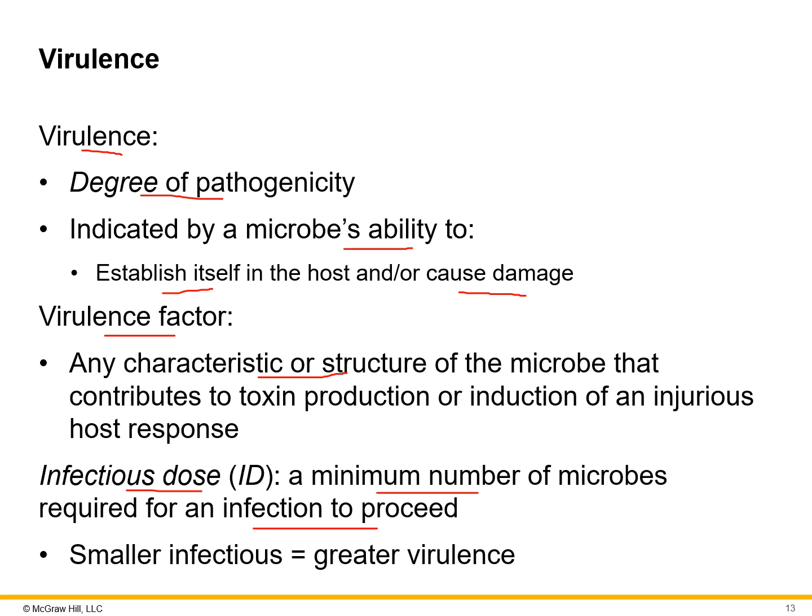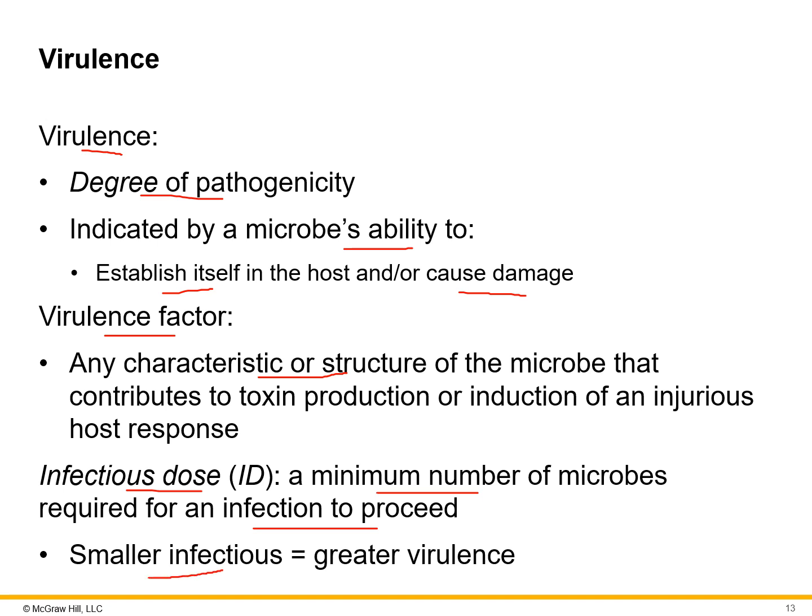But now if that potato salad's been sitting out for a couple of hours, and now there are 1,000 or 5,000 salmonella bacteria in that potato salad, it's less likely that all of those are going to be destroyed by the stomach, and some of them will be able to set up an infection. So that's what we're talking about with an infectious dose.